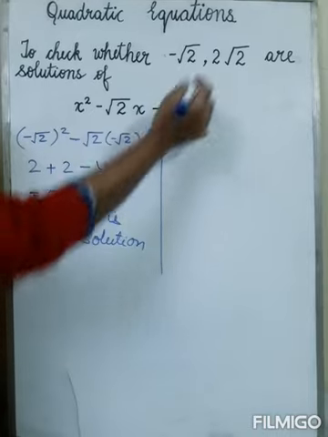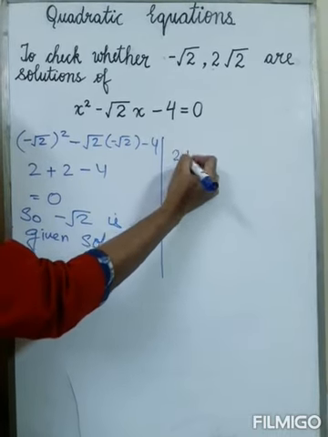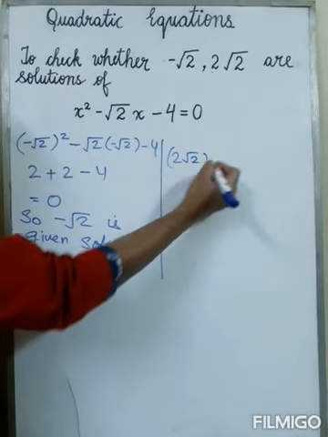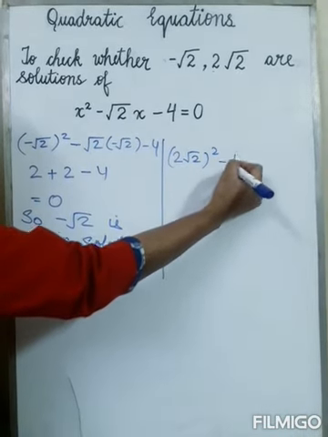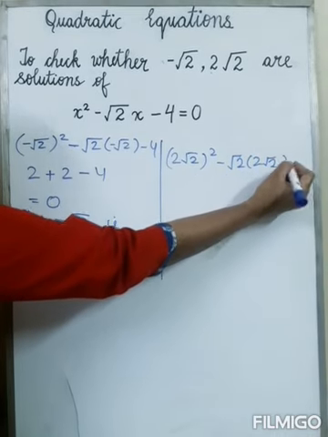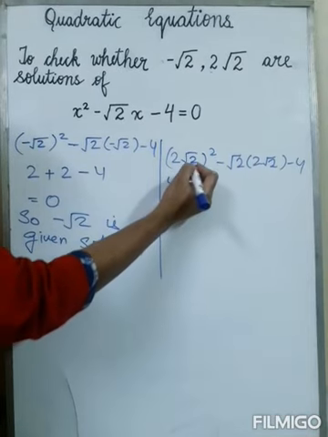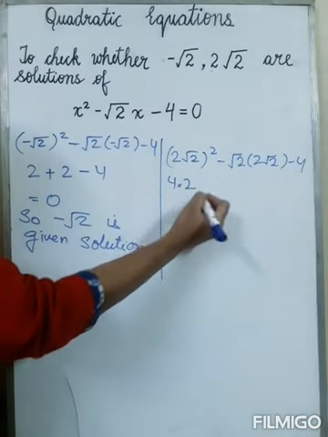Let us check with 2 root 2. Now in place of x I am substituting 2 root 2. So I will have 2 root 2 whole square minus root 2 into 2 root 2 minus 4. Here the square of 2 is 4 and the square of root 2 is 2.